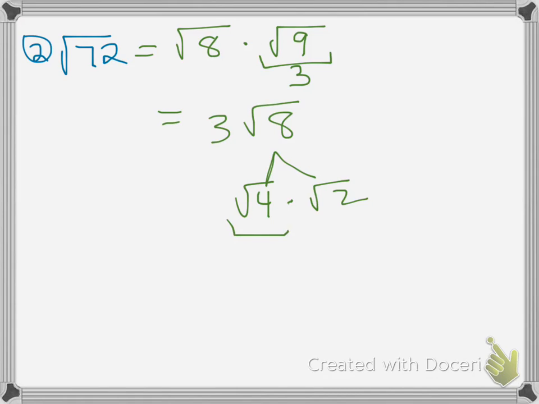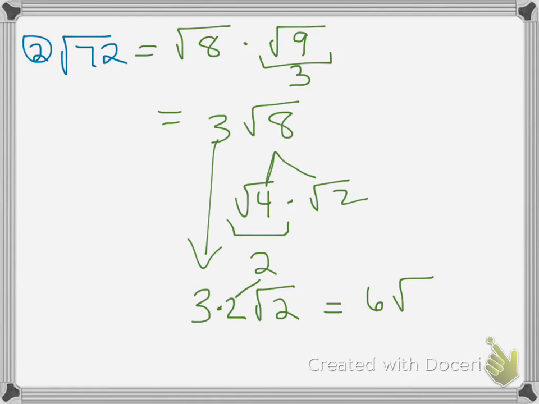Well, we also know that radical 4 is 2. So what we're left with is a 3 here. This 2 got pulled out, so now we multiply that by 3. And we're left with a radical 2. So our final answer is 6 radical 2.